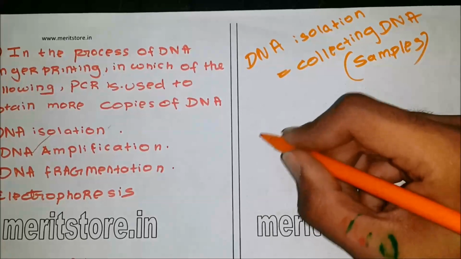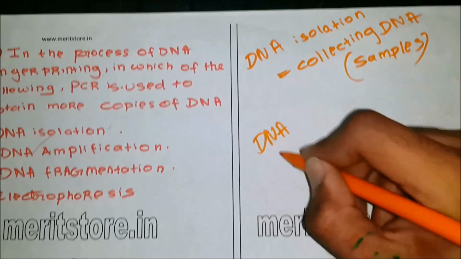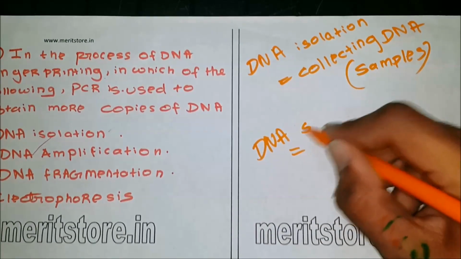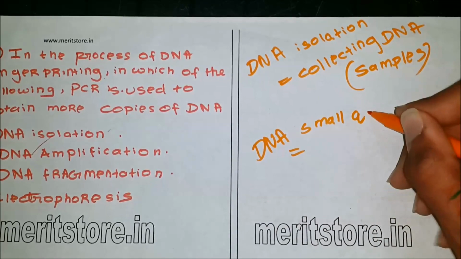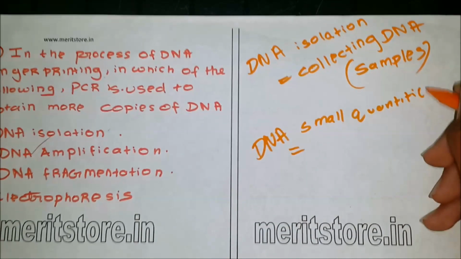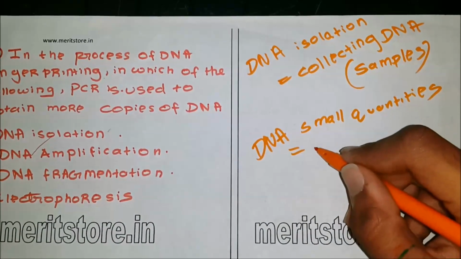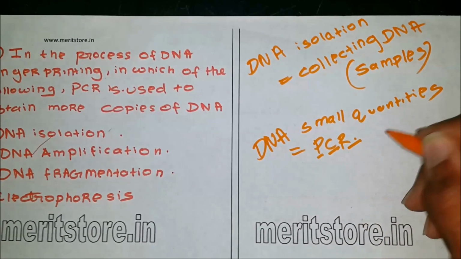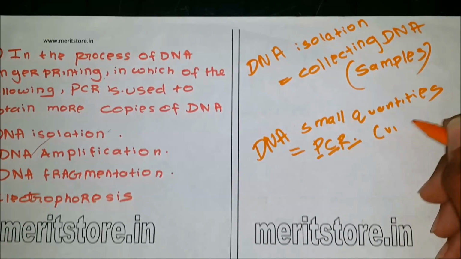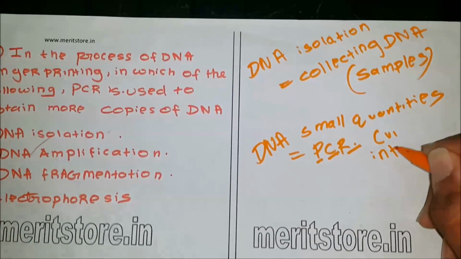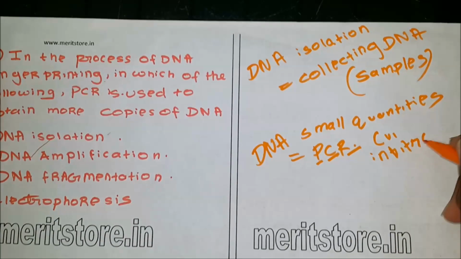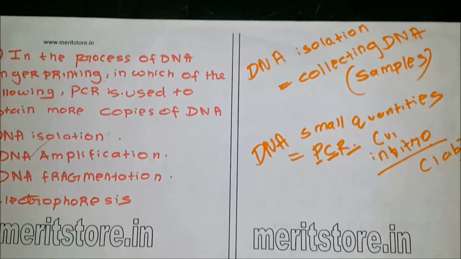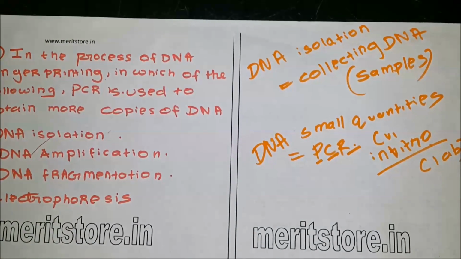DNA amplification. Now the DNA that we just obtained would be in small quantities. So it has to be amplified. It is done by PCR, polymerase chain reaction, in vitro, that is carried out artificially in the lab, so that we can obtain multiple copies.